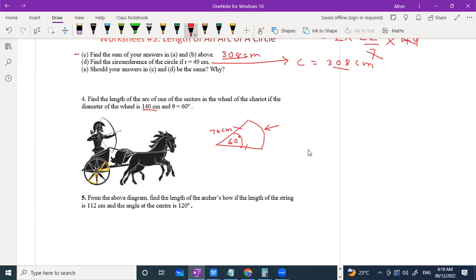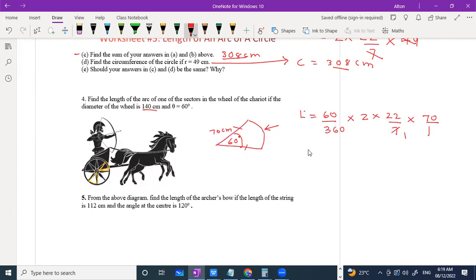So if we have the information we need on the radius, then we are in a position to find the arc length, which is L equals theta, 60 over 360, multiplied by 2 pi, multiplied by the radius.